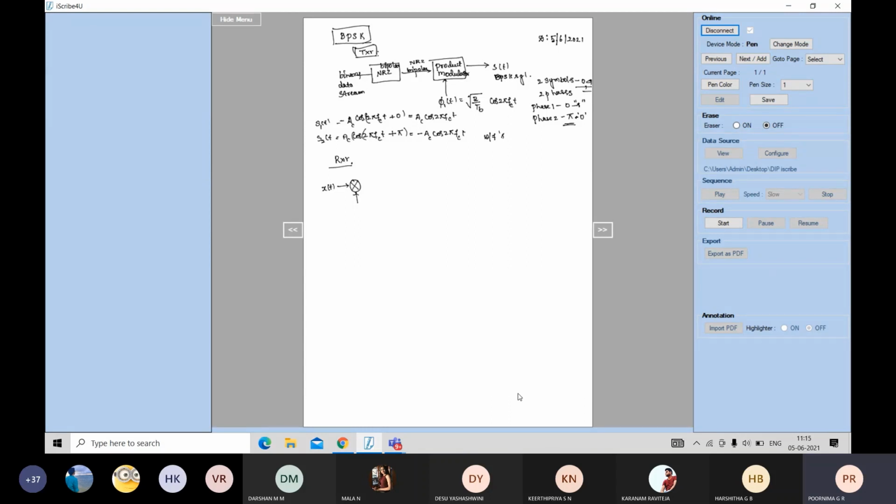The receiver will have the first block to remove the carrier which has been added at the transmitter, and then it has to be time limited between 0 to TB seconds, and that is where your observation vector, your x1, you will be getting, and then the decision device, which will have a threshold value.